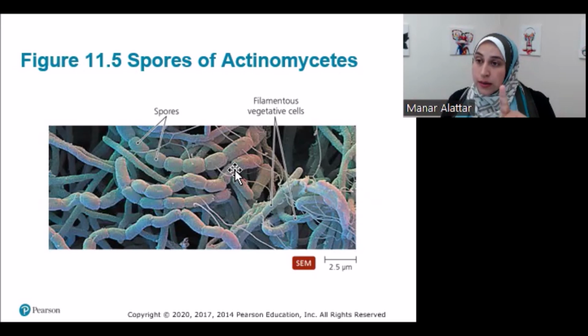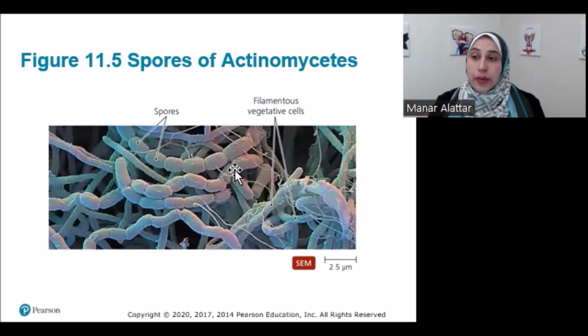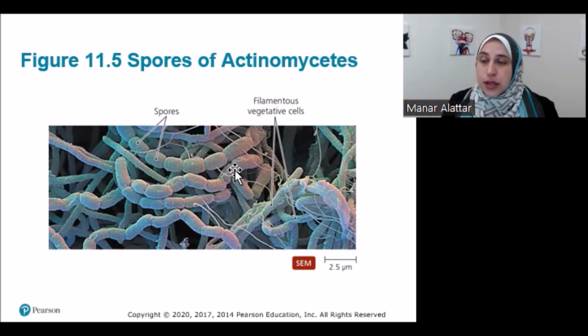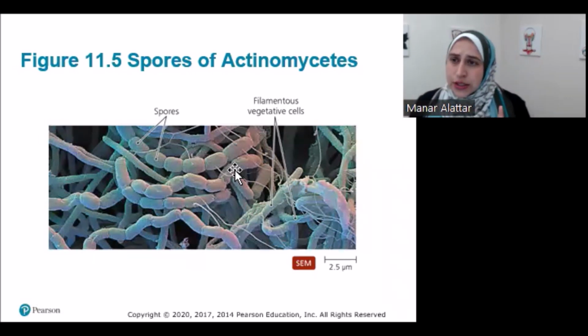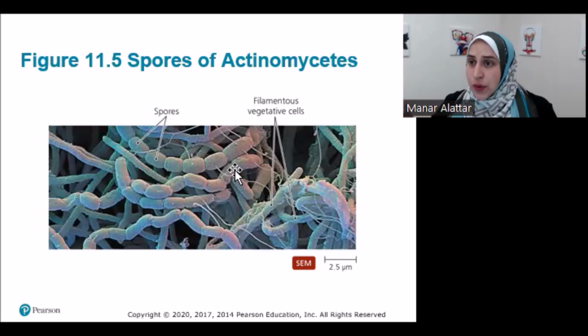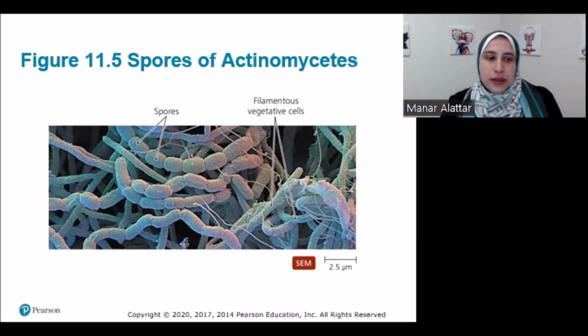One cell can make one endospore. When that cell dies, that one endospore can become one vegetative cell. So instead of replication, where you get multiple daughter cells, it's just self-preservation. And that's a really important distinction because different categories of organisms will produce endospores from those organisms that will produce true reproductive spores.